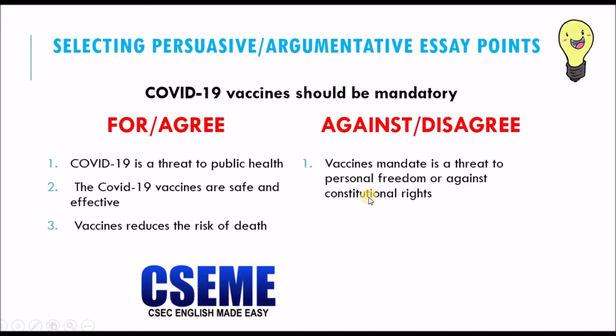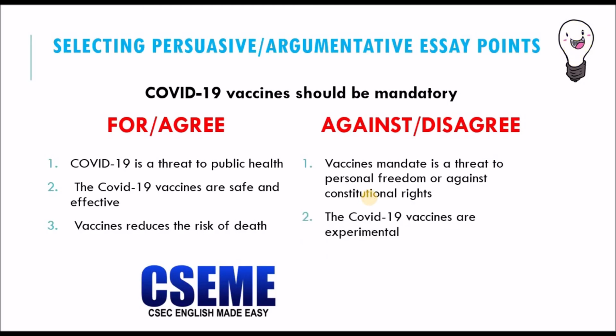And when we say against a constitutional right, that depends on the constitution of your country. In some countries, it's against the law for the government to force the members of the country to do certain things. So that is what it means. So that could be one of your arguments.